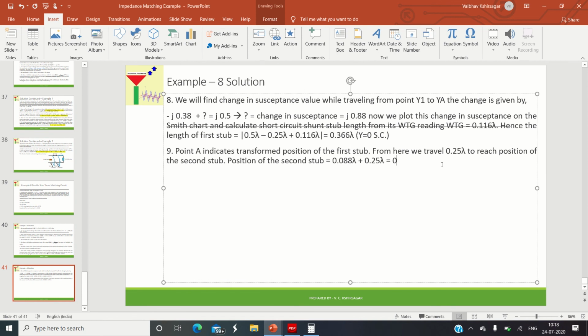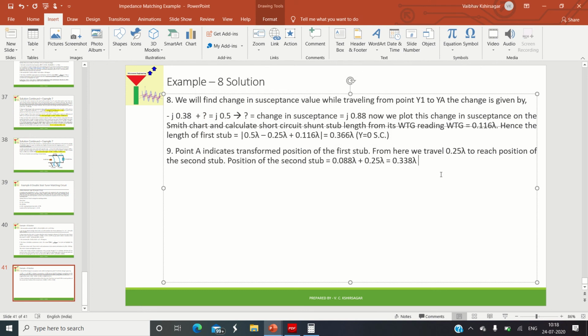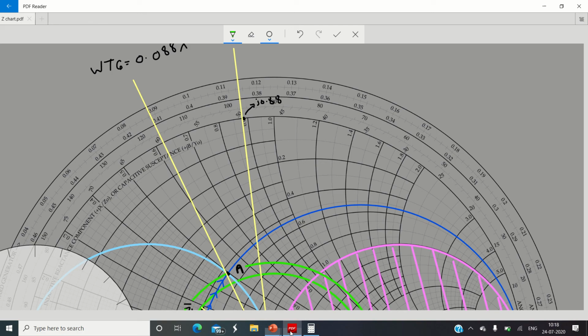So here I will write 0.338 lambda WTG, where we get the second stub. You locate 0.338 lambda on that VSWR circle.